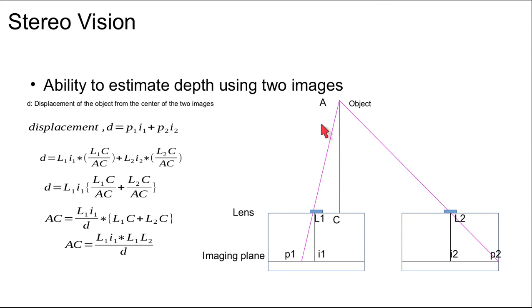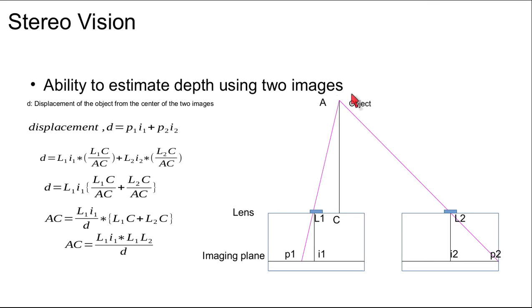So we again have this object A which has been captured by these two cameras. Now you can measure the displacement of the object on the imaging plane of these two cameras as D, which is equal to P1 I1 plus P2 I2. Right, so P1 I1 and P2 I2.